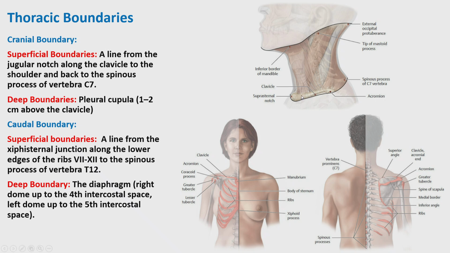The superficial border does not match the deep border in the cranial part because the pleural cupula, the parietal pleura covering the apex of the lung, is approximately 1 to 2 centimeters above the clavicle.